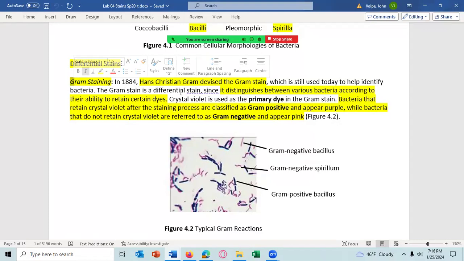Dr. Gram invented this stain to differentiate between bacteria cells, which stained dark purple, and the patient's own cells, which stained pinkish or reddish. We'll say pinkish.